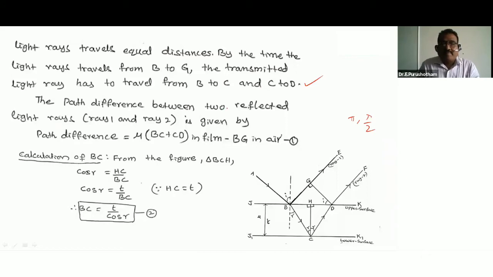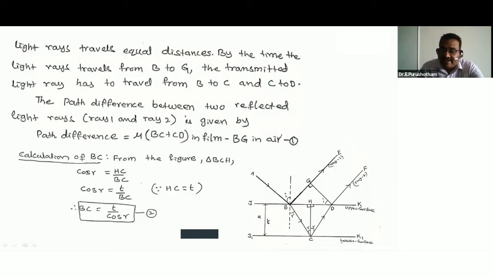The path difference between the two reflected light rays, ray 1 and ray 2, is given by path difference equal to mu, the refractive index, into BC plus CD in the film, minus BG.